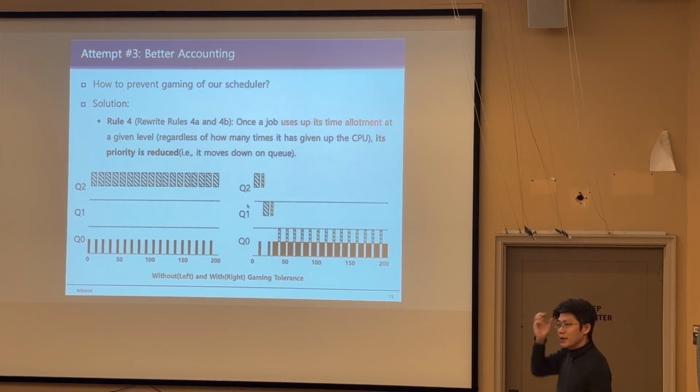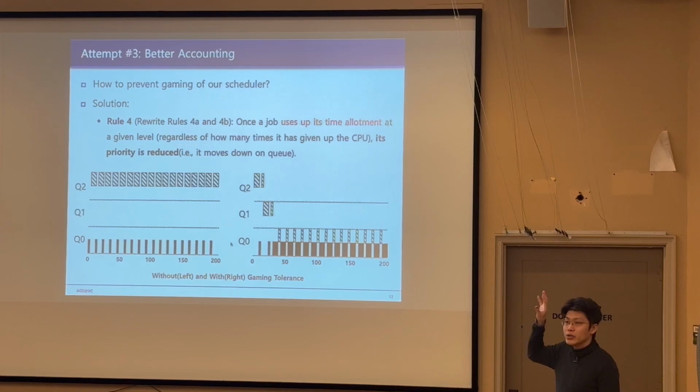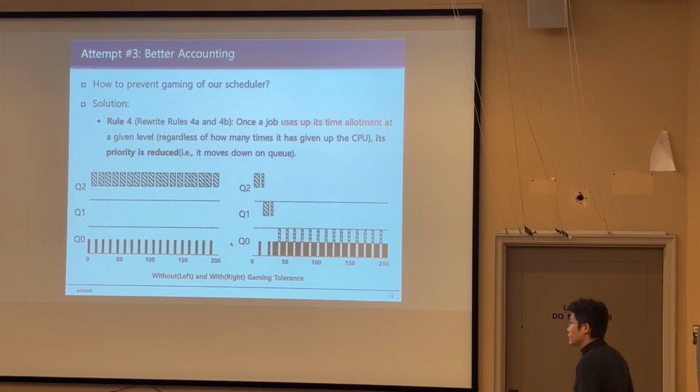I'll give you 30 seconds, and maybe someone could try to explain both of them. The left-hand side is using the old Rule 4A and 4B to do scheduling. The right-hand side is when you use this new Rule 4 to do scheduling. 30 seconds, let's wait a little bit.